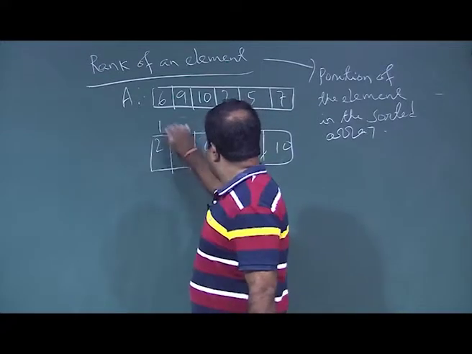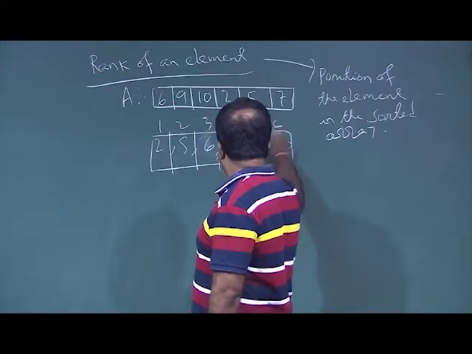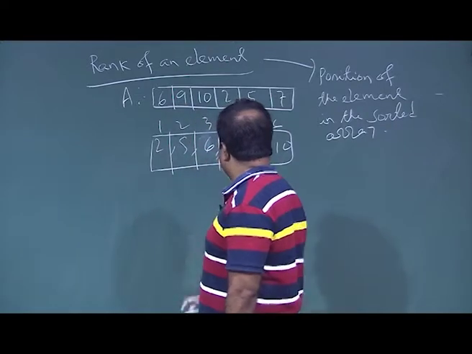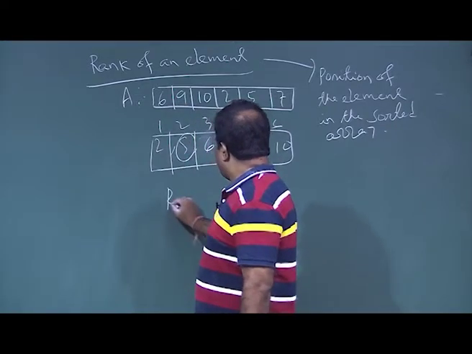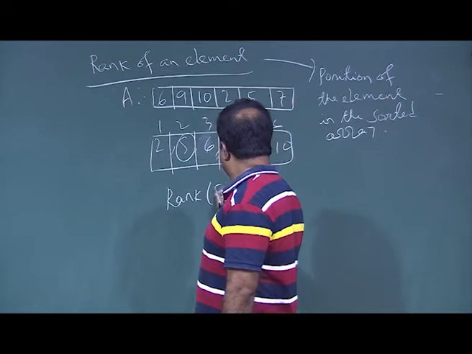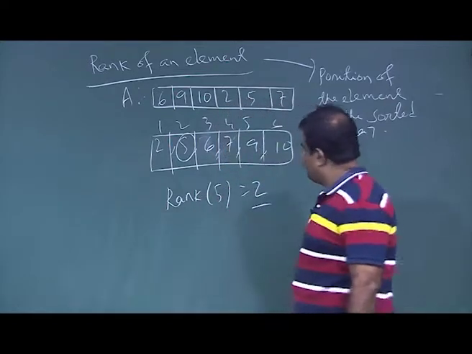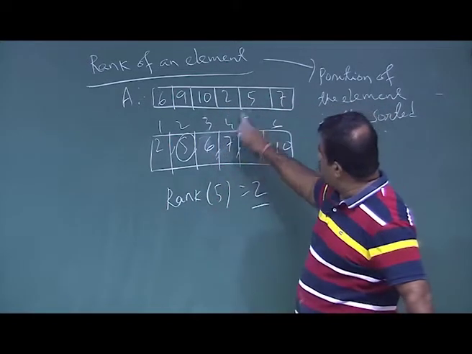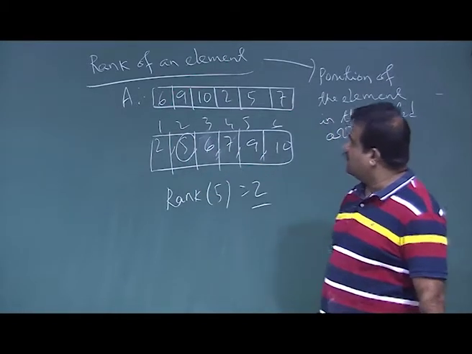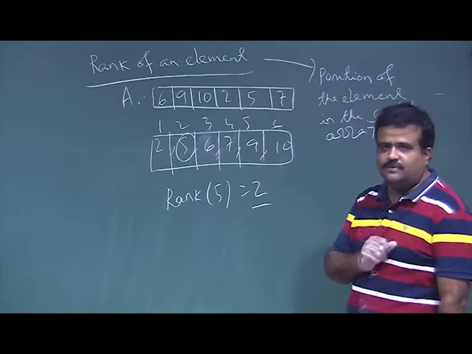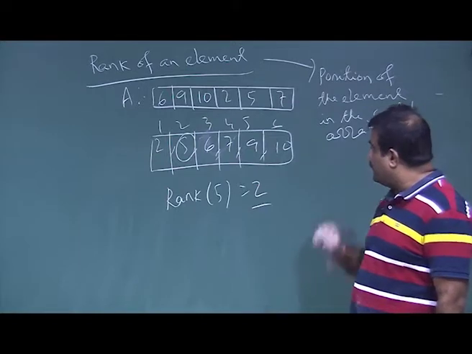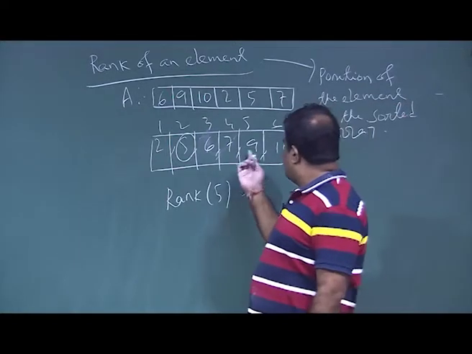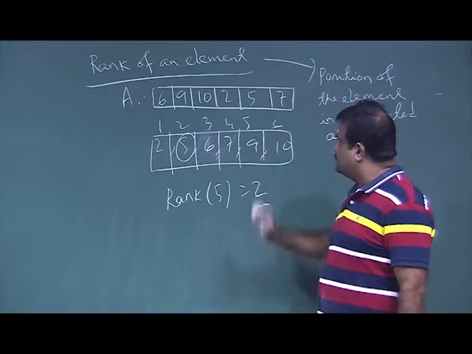Okay. So, 1, 2, 3, 4, 5, 6. If I ask the rank of 5, it is basically 2, because the position of 5 in the sorted array is the second position. So, the rank of 5 is 2, the rank of 7 is 4, the rank of 9 is 5.